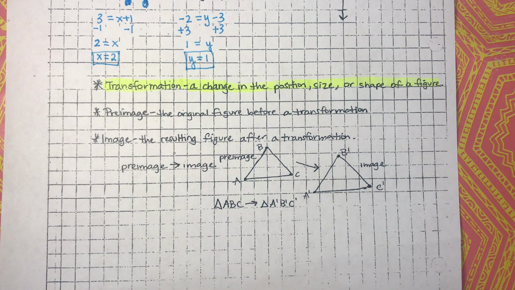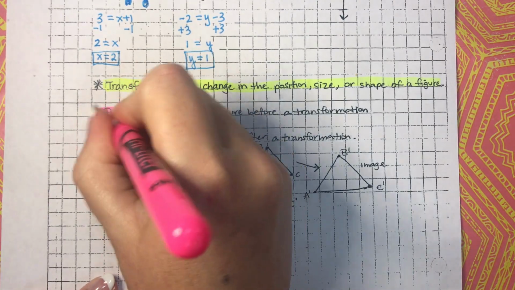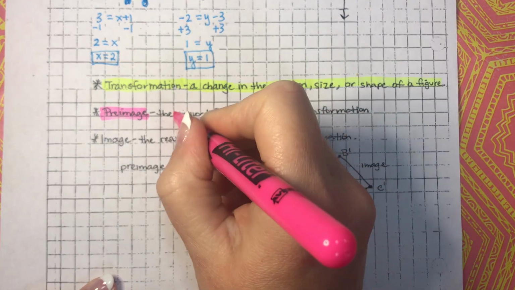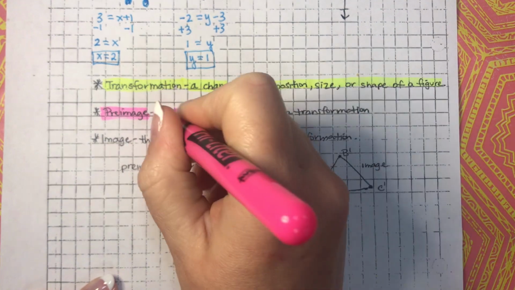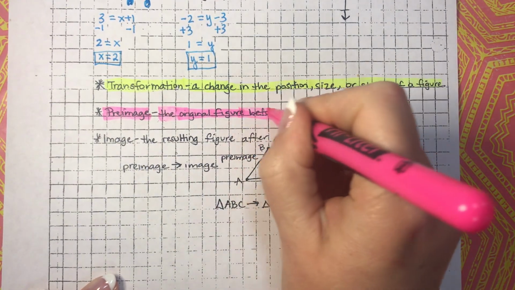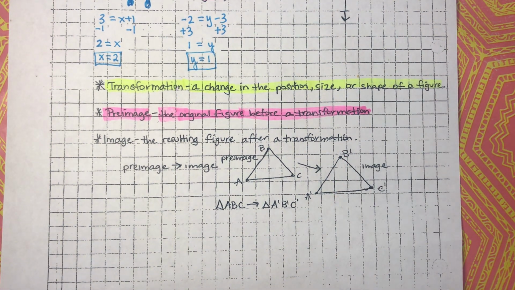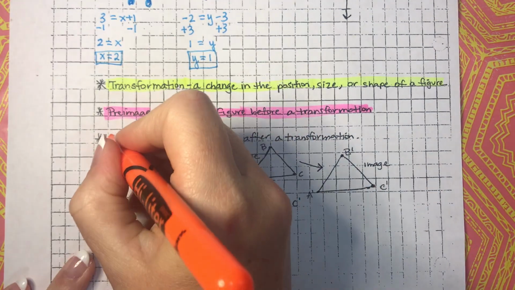Now, whenever you're dealing with transformations, you have pre-images. That is the original figure before a transformation. That is called the pre-image. And then there is an image.